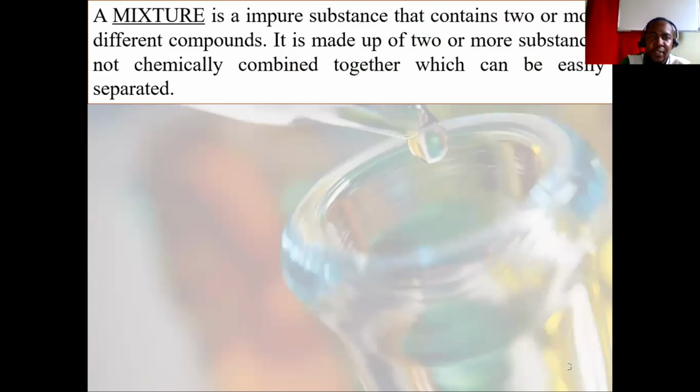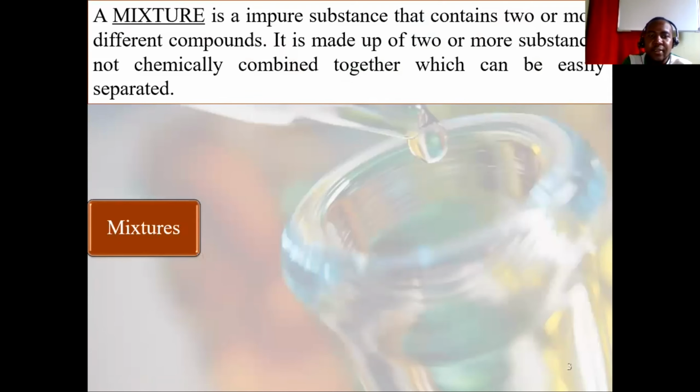All right, so a mixture. We know a mixture is an impure substance that contains two or more different compounds. It's made up of two or more substances not chemically bonded together, which can be easily separated. So with mixtures, we can separate them easily because they are not chemically bonded together.